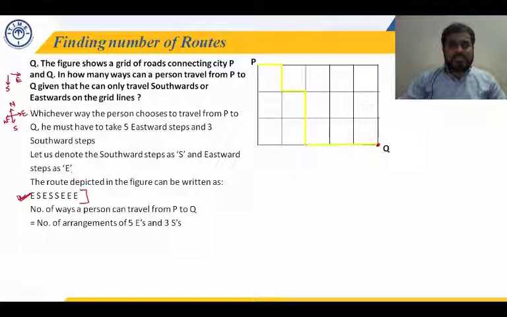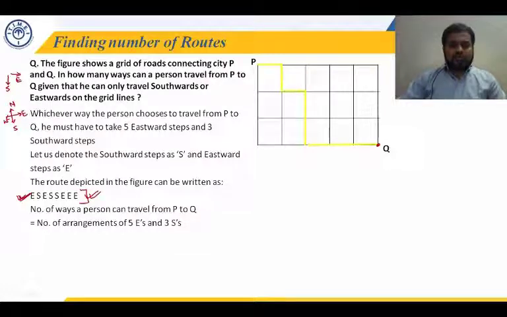How many E's are there? 5 E's, because there are 5 eastward steps. And how many S are there? 3 S, because there are 3 southward steps. So for reaching from P to Q, this is one particular arrangement of E's and S's. One particular arrangement gives you one way of reaching from P to Q.